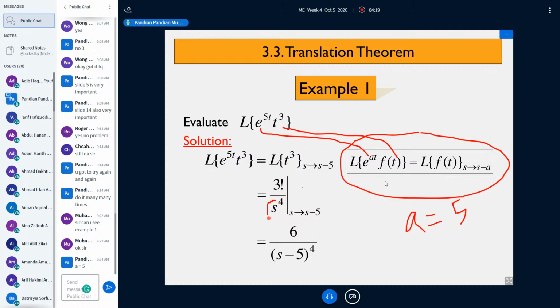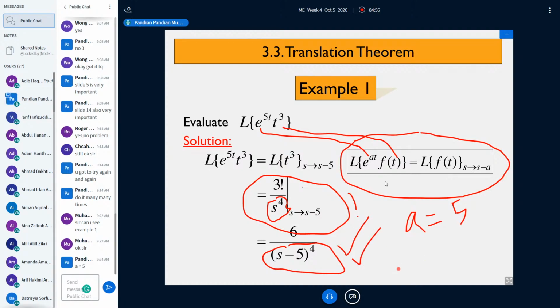This s you must replace, giving (s minus 5)^4. If you don't replace and just write it like this, it is not correct, it is incomplete. This one is correct: 6 over (s minus 5)^4.